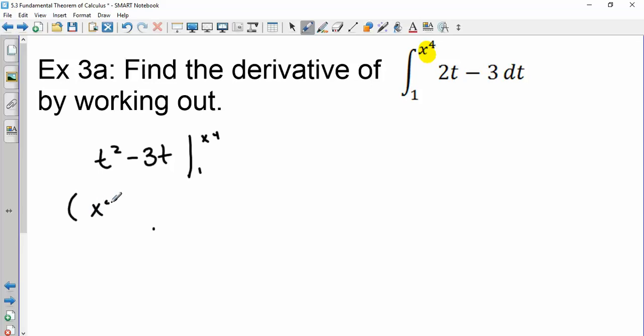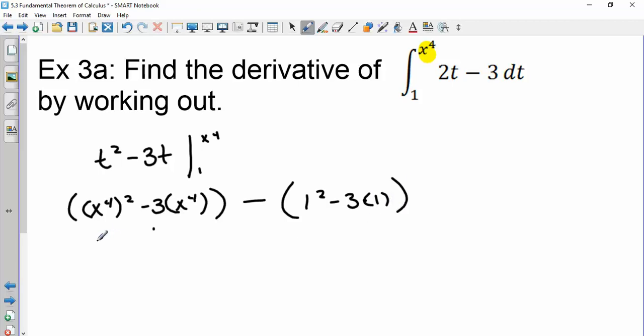If I plug that in, I get x to the 4th squared minus 3 times x to the 4th minus, if we put in a 1, and this gives me 1 minus 3, which is negative 2, so minus negative 2 makes plus 2. So here's my function.